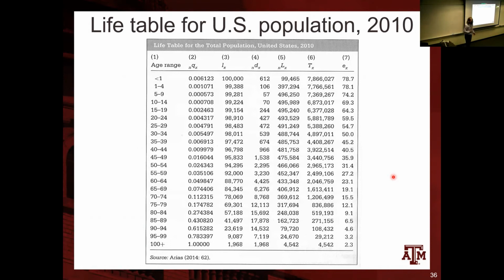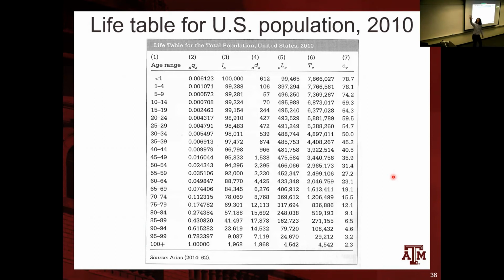So the denominator of rates is the population, the mean of the period. What's the denominator of probabilities? The population at the beginning of the period. So the denominator of rates would be the population on July 1st. The denominator of probabilities would be the population on January 1st. The numerator is the same thing. It's the number of people dying in that specific age group.